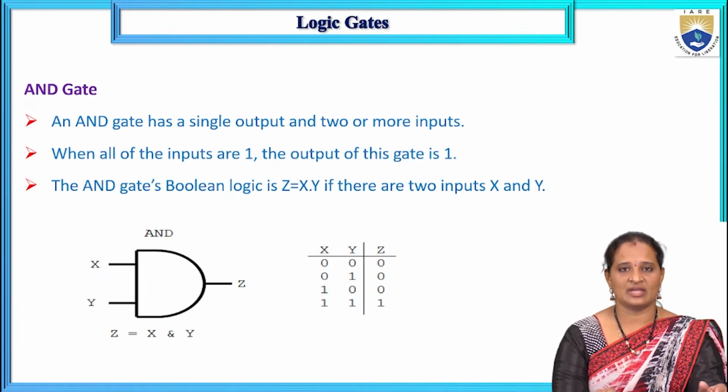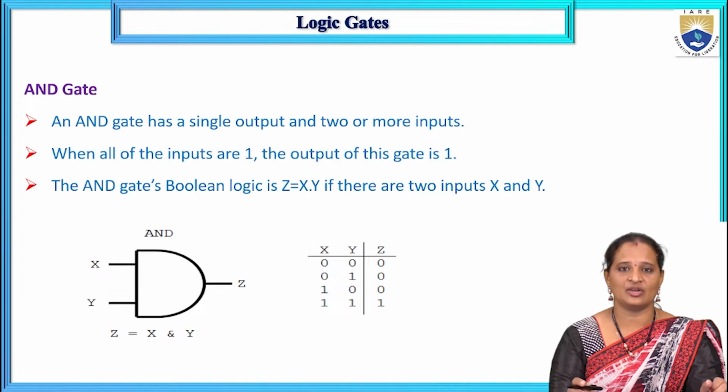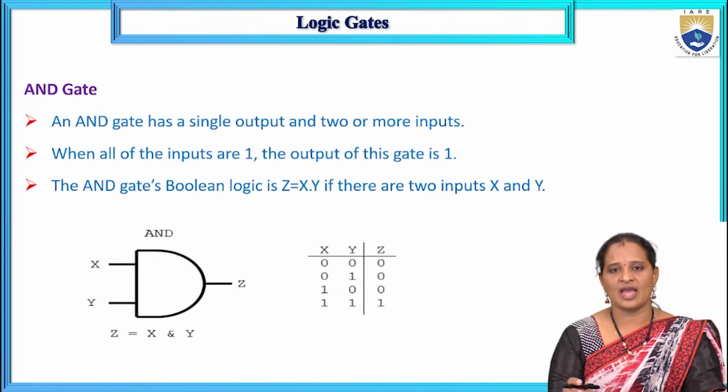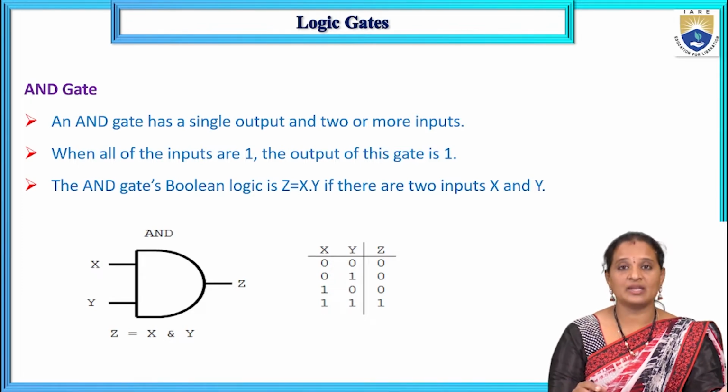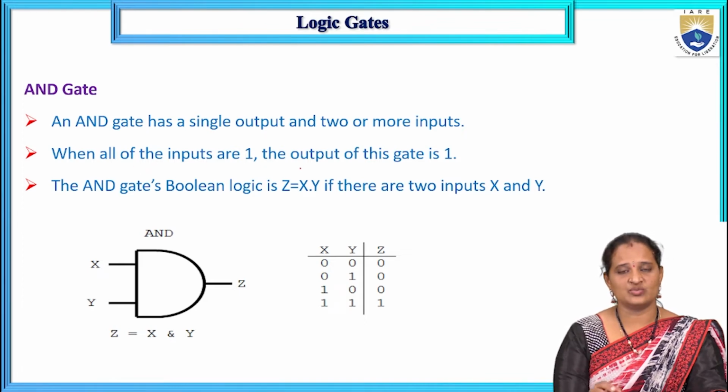So first we'll start with the AND gate. An AND gate has a single output and 2 or more inputs. That means the minimum number of inputs required for this AND gate is 2. We can have more than 2 inputs also, but the output is only 1. The output of this AND gate is 1 when all the inputs of the AND gate are equal to 1.